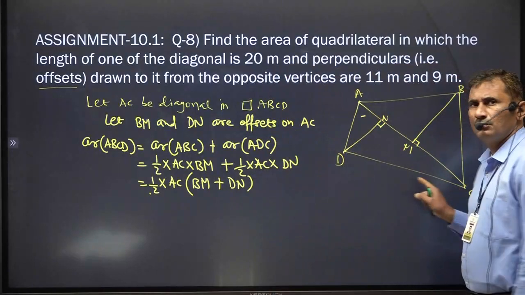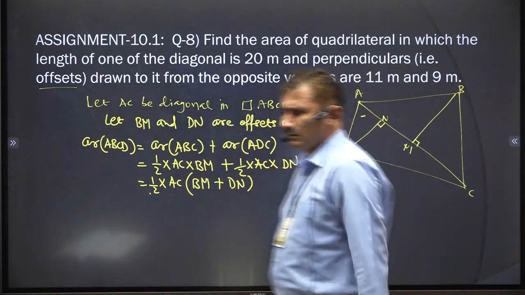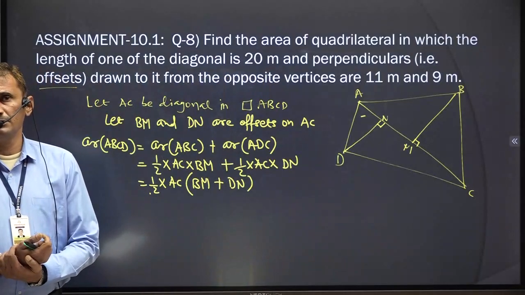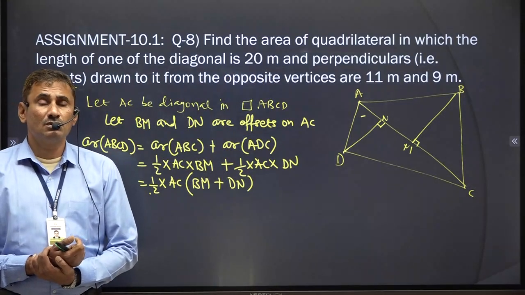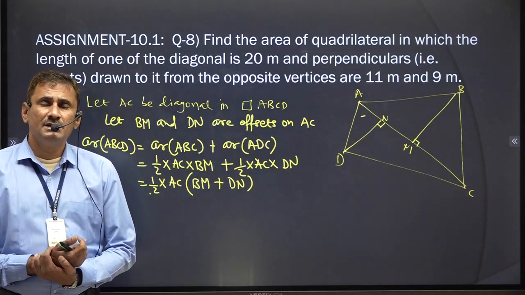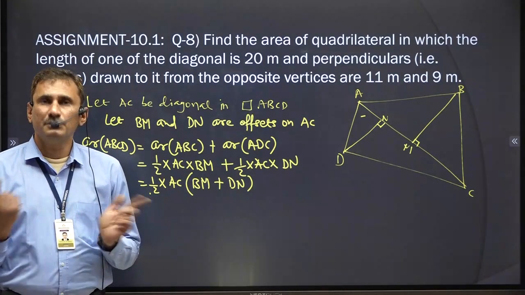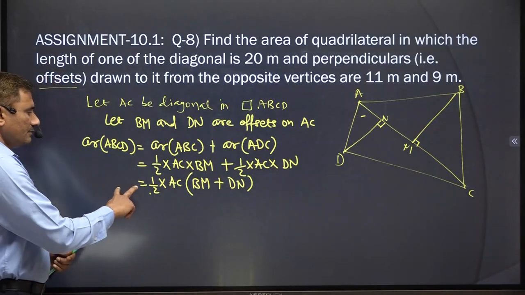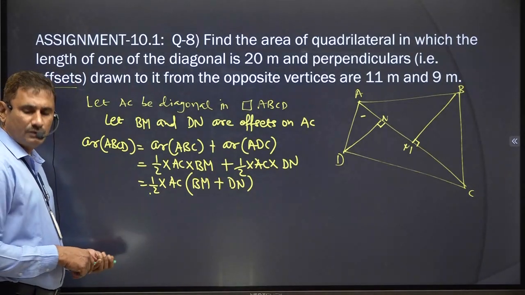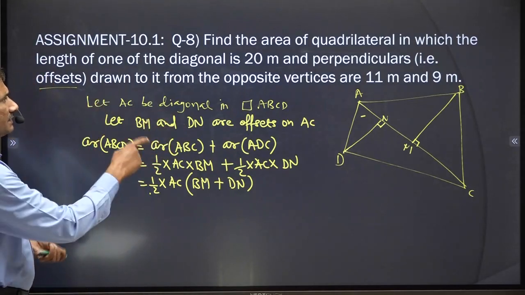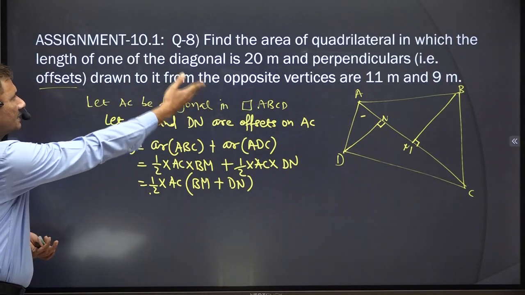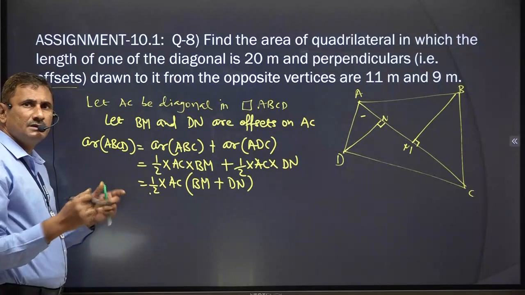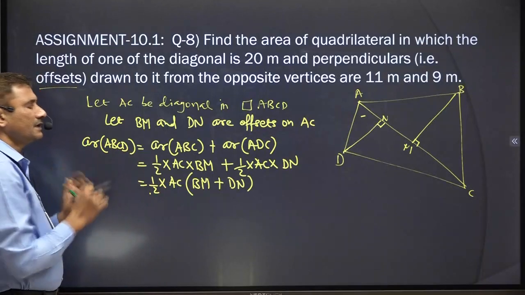Here we have AC. So one of its diagonals and the sum of the offsets corresponding to the diagonal, meaning the perpendiculars on that diagonal from the opposite vertices. So this is the formula, and you can start directly from here also. Without a figure you can write, because offsets and diagonal are given, so you can write the formula in words, then directly without a diagram.